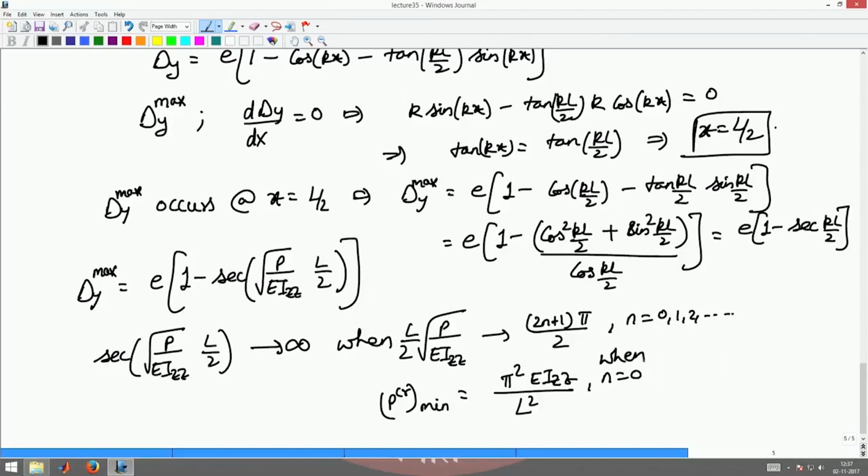Now, this P critical load is the same as what we found from the ideal column buckling, or the Euler buckling load.